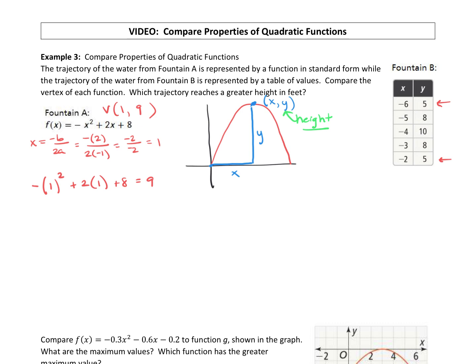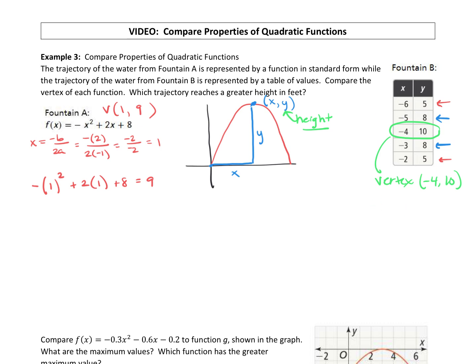I notice we have another pair of points that have the same y value. These two ordered pairs have 8s, so those points are reflections of each other. And then this point right here in the middle ends up being our vertex of fountain B. When the vertex is (negative 4, 10), that means we would go from the origin to the left 4, but then you would go up 10.